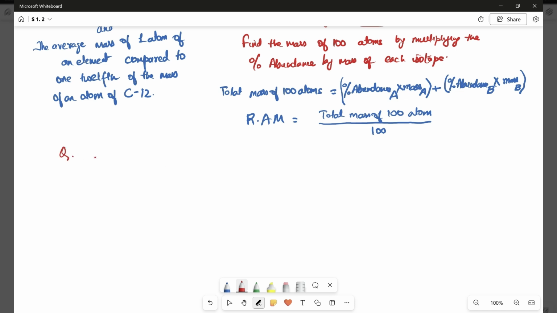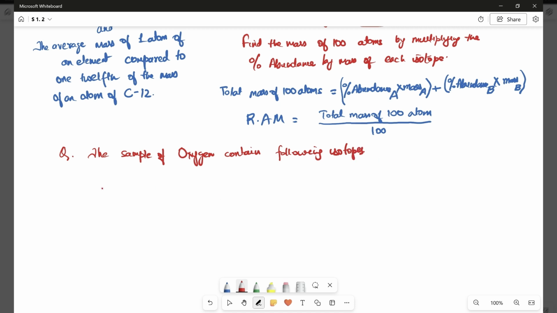Let's say the question is: a sample of oxygen contains the following isotopes.